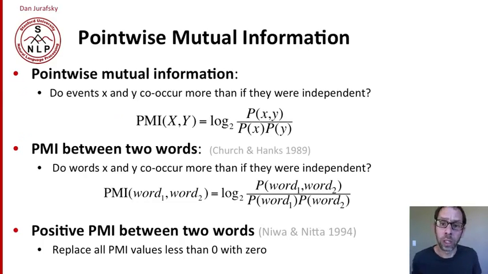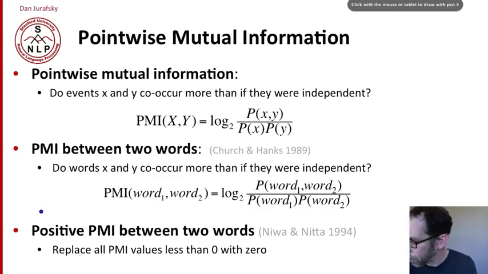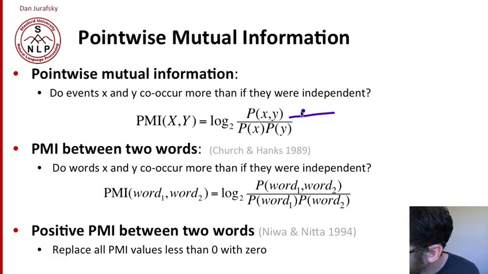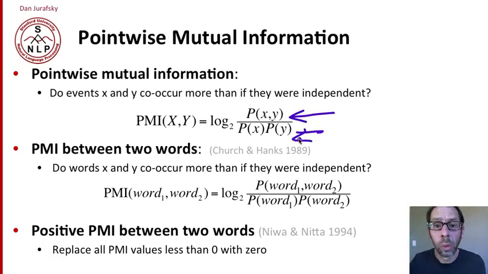Pointwise mutual information is an information theoretic method that says, do events X and Y occur more often than if they were independent? So the pointwise mutual information between two things X and Y is the probability of the two occurring together divided by the product of the probability of the two independently, and we take the log of that.